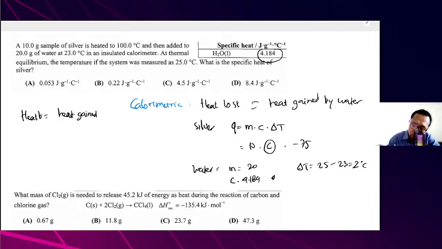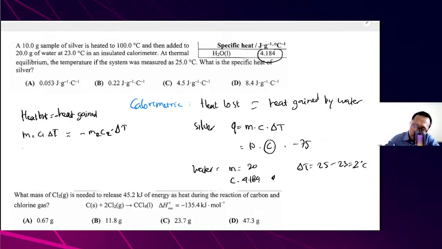The equation will be MC delta T. Heat loss equals minus heat gain by H2O.